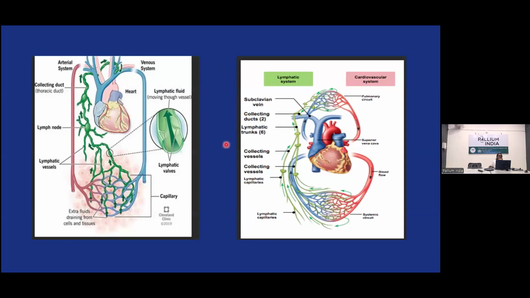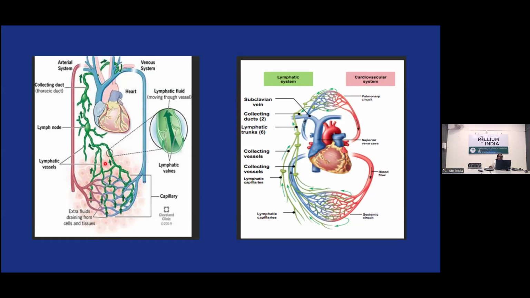Just imagine this, just see this picture. As I discussed earlier, this is our venous circulation and this is our arterial circulation. The arterial capillaries and the venous capillaries are communicating together. There is a chance of leaking out fluid, the extra fluid drained from the cells and tissues.